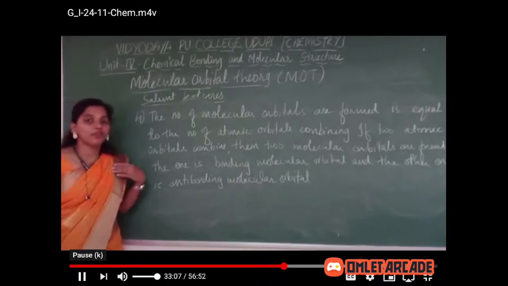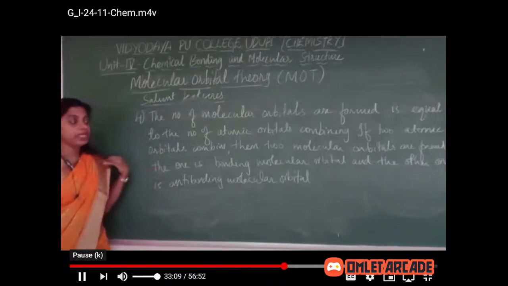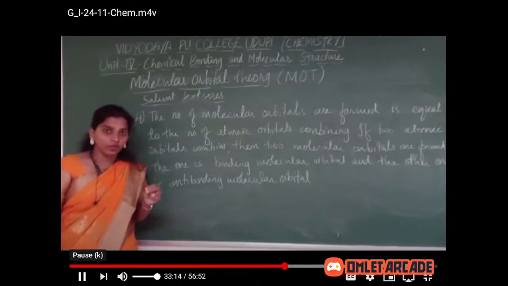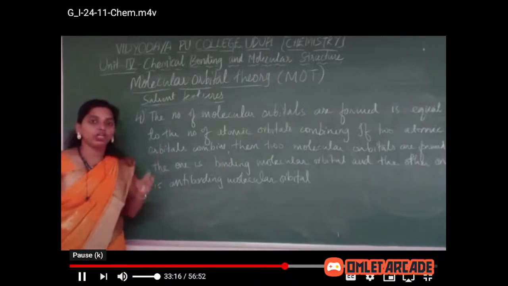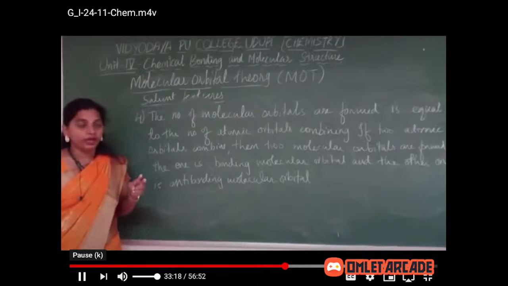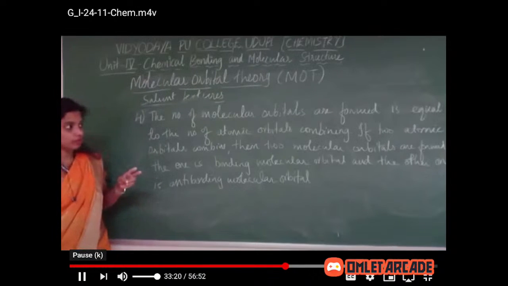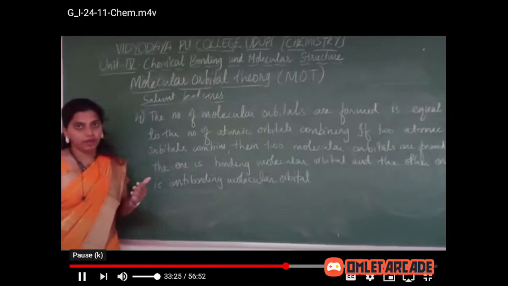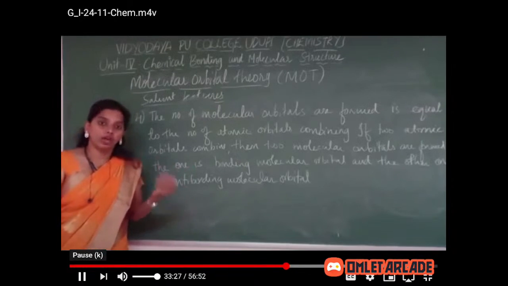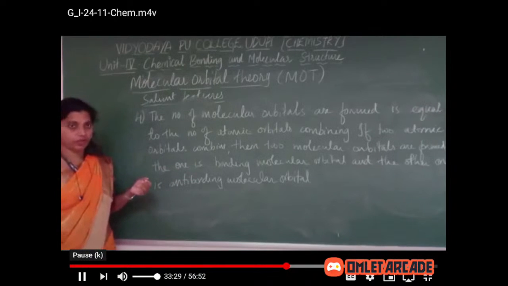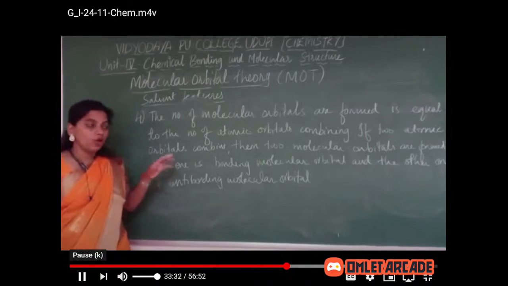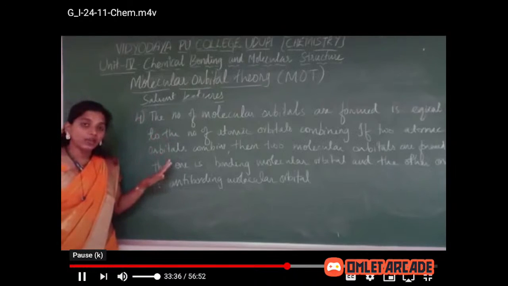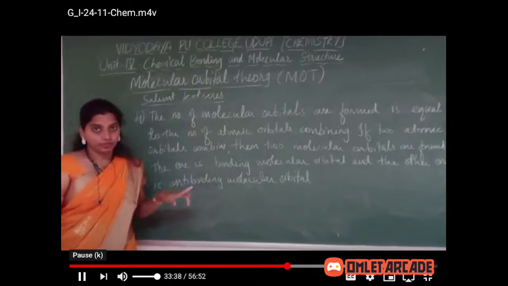Okay, so the number of molecular orbitals formed is equal to number of atomic orbitals combined. If 2 atomic orbitals combine, 2 molecular orbitals will be formed. If 8 atomic orbitals are combined, 8 molecular orbitals will be formed. 2 atomic orbitals means 1 atomic orbital of the one atom, the other atomic orbital of the other atom.